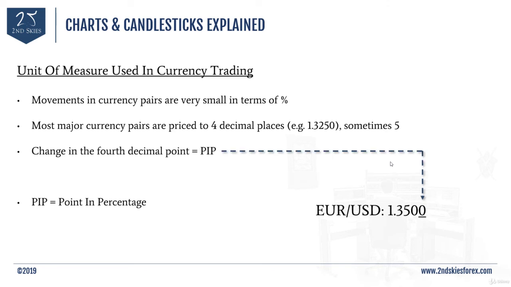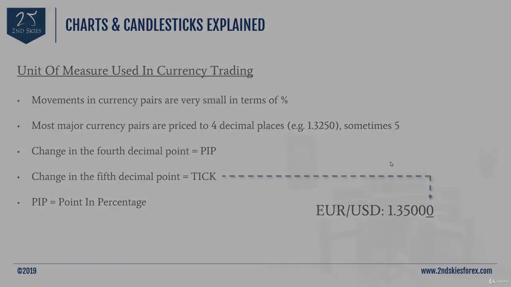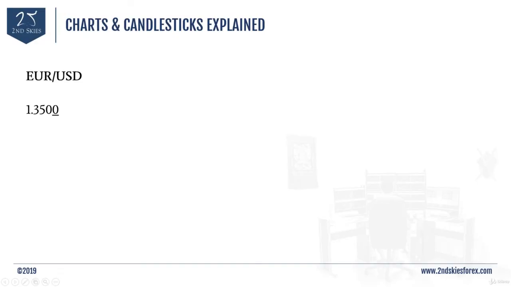So when you talk about a bullish move, for example, in a currency, you talk about the pair moving up 40 pips or the pair moving down 50 pips. Let's have a look at a visual example of this. Let's say, for example, the euro-US dollar is trading at 1.3500 and it moves up to 1.3505.